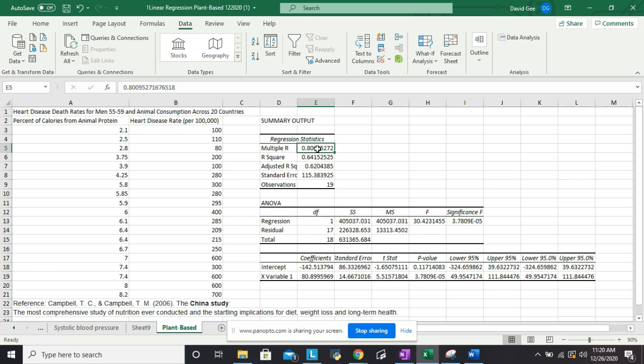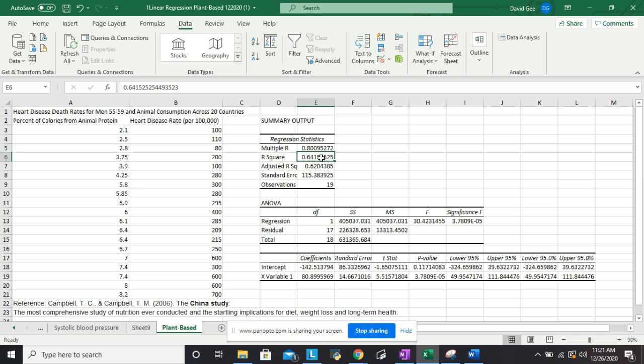So anything 0.8 and above, all the way up to 1, is a strong positive. That's the highest it can be. And then the lowest it can be is -1, and -1 would be all the points on a line going downhill.